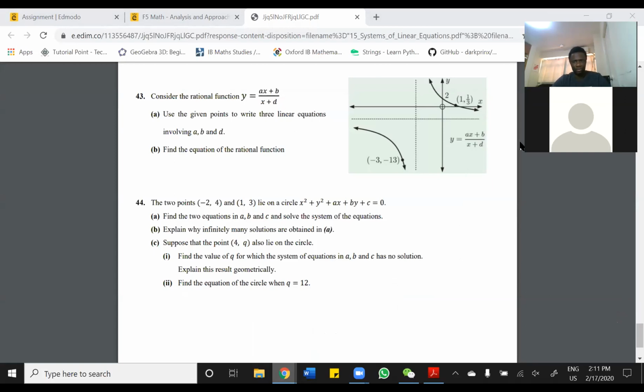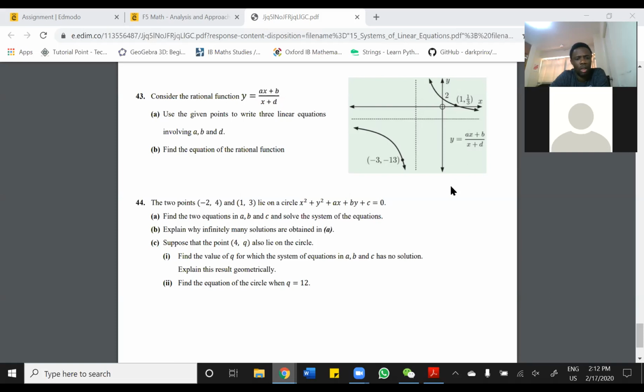So, anyone? I'm sure a lot of you have done it. Two points, (-2, 4) and (1, 3), lie on the circle. That's a circle. Find two equations in a, b, and c and solve the equations. Explain why there are infinitely many solutions.